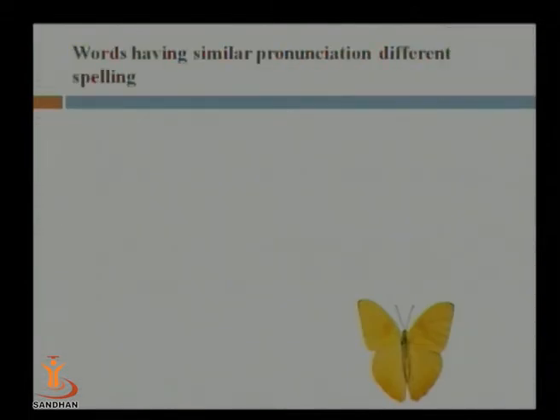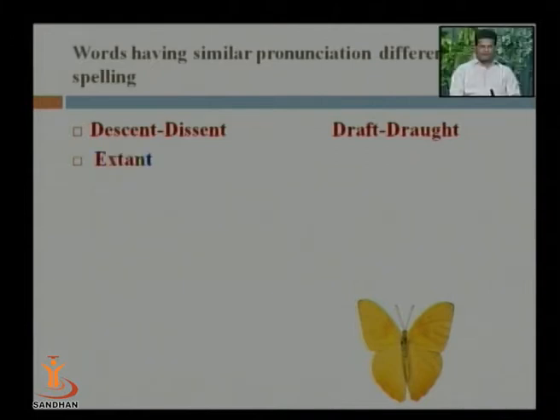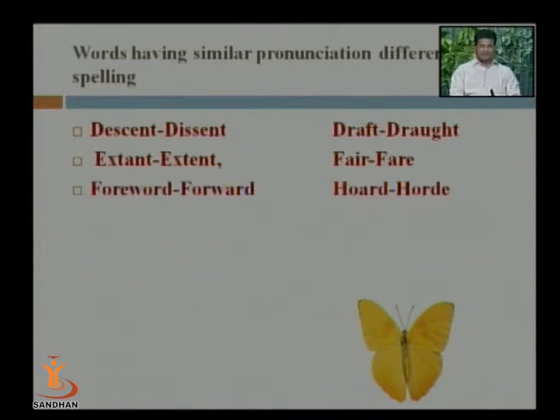Now, we'll look at certain pairs which have similar pronunciation but different spelling. Descent, dissent. Draft, draught. Extent, extant. Fair, fare. Forward, foreword. Hoard, horde. Lose, loose. Minute, minute.